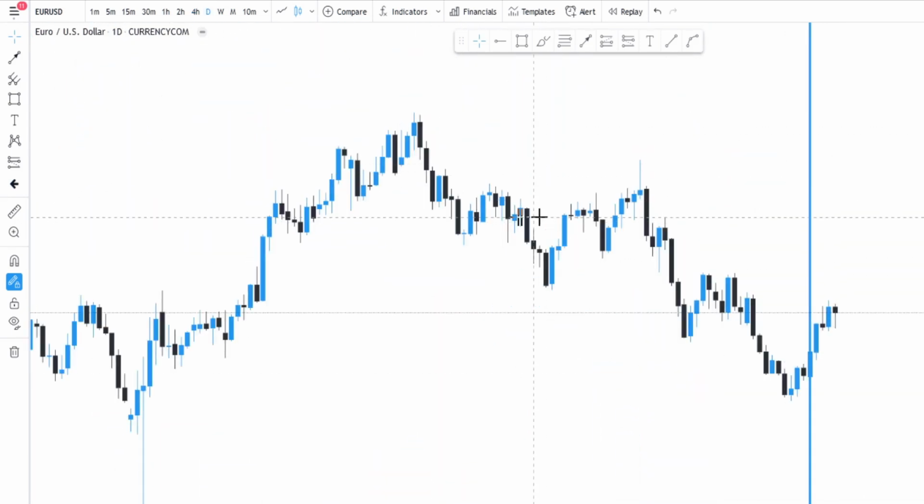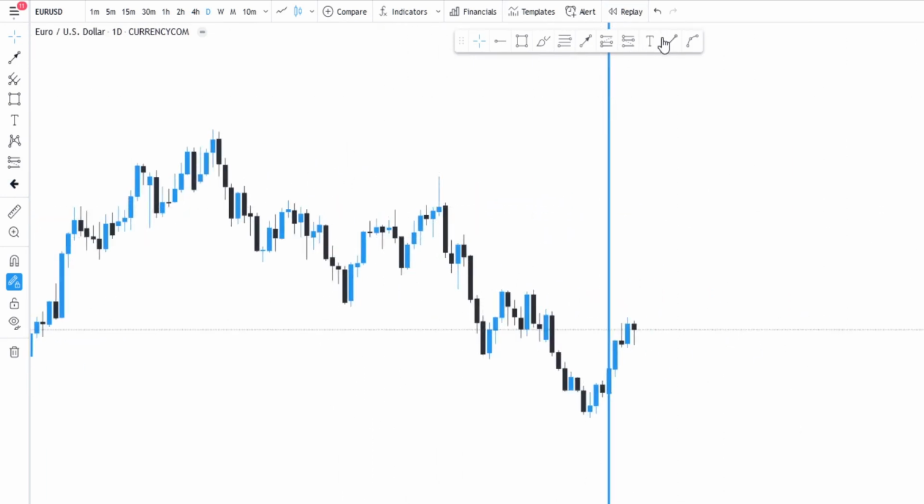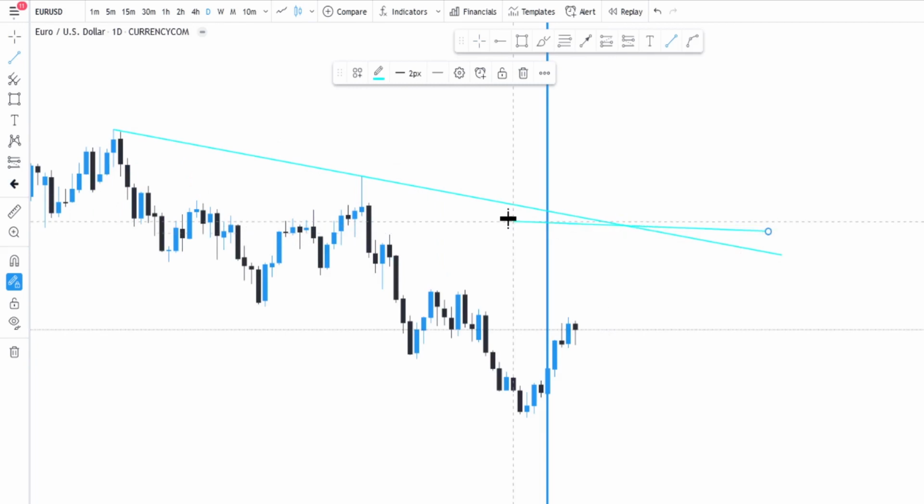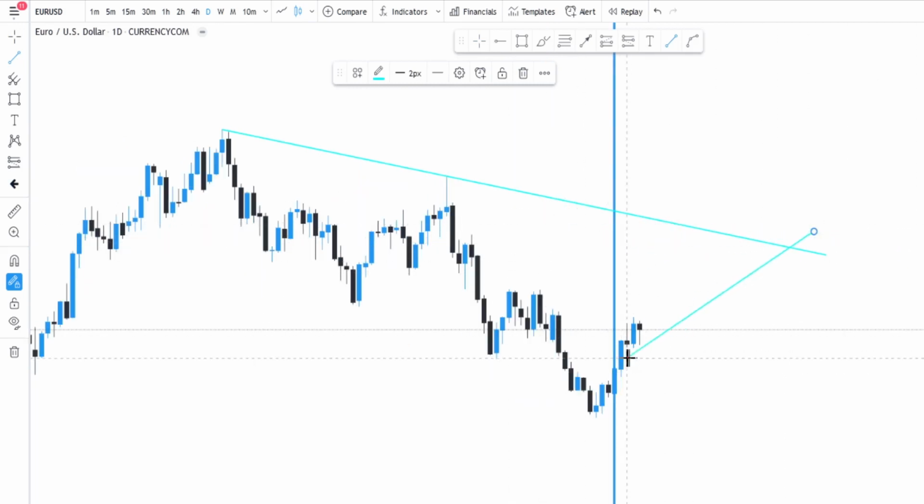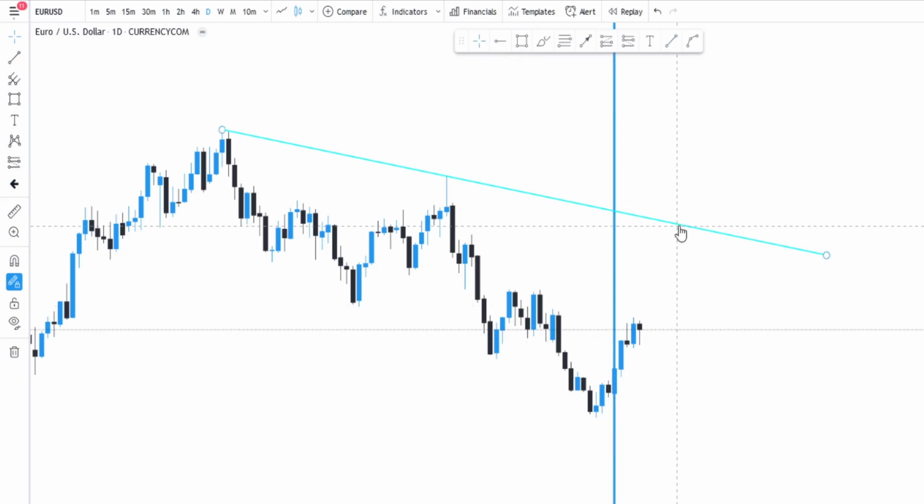So here we got the Euro USD in a downtrend. So we will probably wait for a retest here at the trend line and then fall.